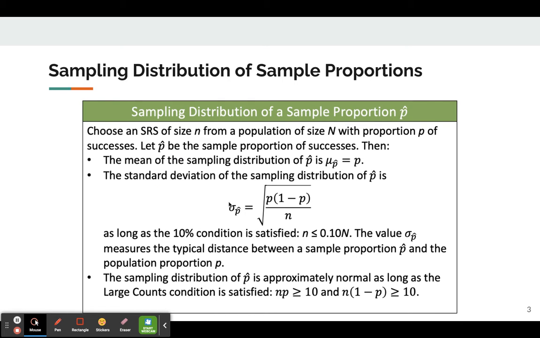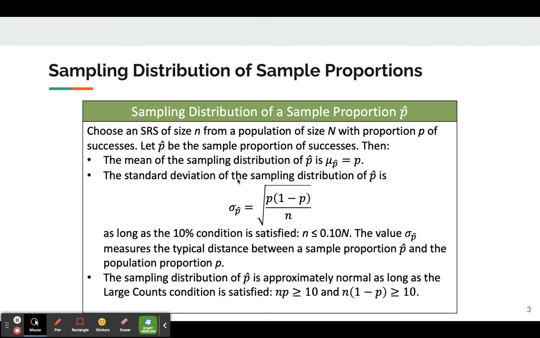All right, so some properties that are really important are really going to help us out with making calculations. If we choose an SRS, remember that stands for a simple random sample of size n from a population of size capital N with a proportion p of successes, let p hat be the sample proportion of successes. Then the mean of the sampling distribution of p hat is equal to p, the population proportion.